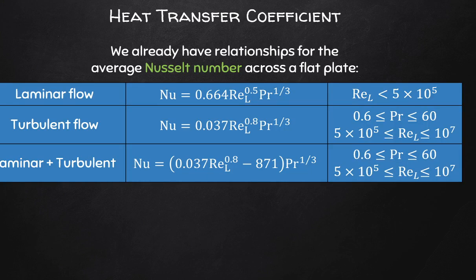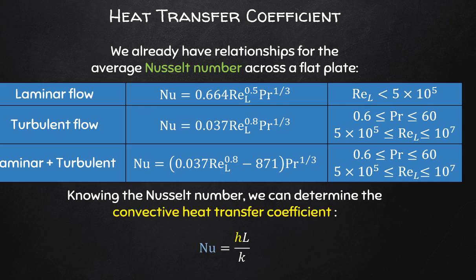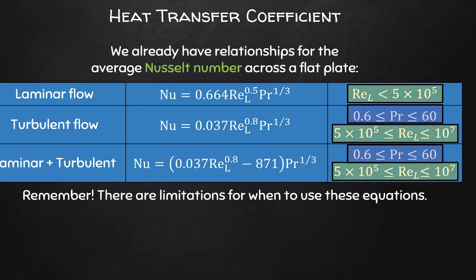So the following equations then apply for the determination of the Nusselt number across a flat plate, which depends on both the flow regime and obviously the fluid's Prandtl number. And then these are then also useful for determining the heat transfer coefficient, which is actually what we are really after.